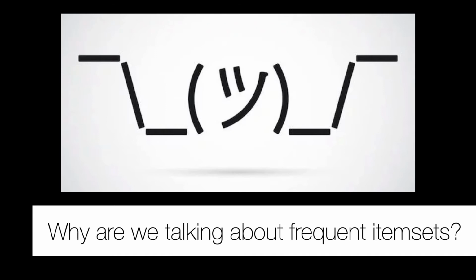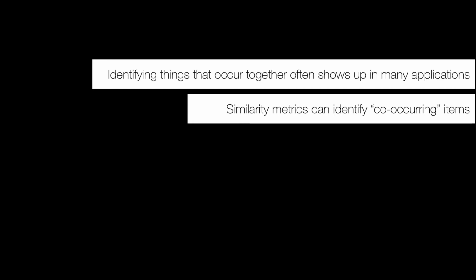First, to provide some motivation, why are we talking about frequent item sets at all? Well, the main idea here is that this problem of trying to find groups of objects that co-occur or occur together often will show up many times throughout the semester. So this particular kind of problem we'll use as motivation over and over again. We'll see things like using similarity metrics to identify co-occurring items.